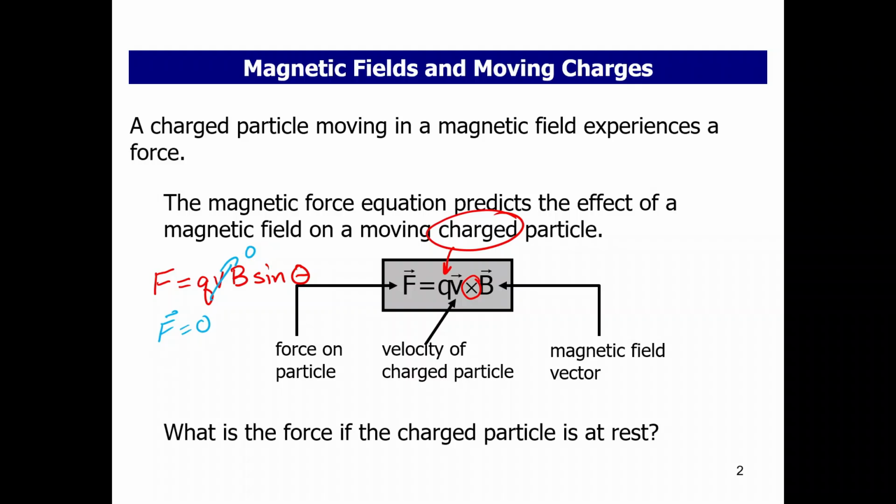If the charged particle was at rest, it would not experience a force. That comes down to the fact that it's the motion of the charged particle which is creating the magnetic field. If our particles are not moving, then they're not magnets, so they wouldn't be affected by a magnetic field.